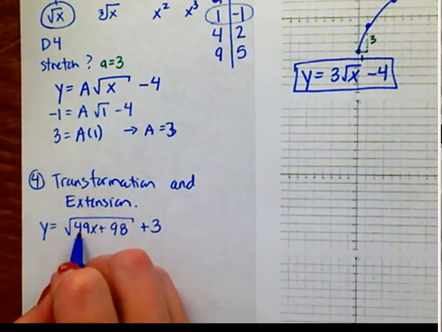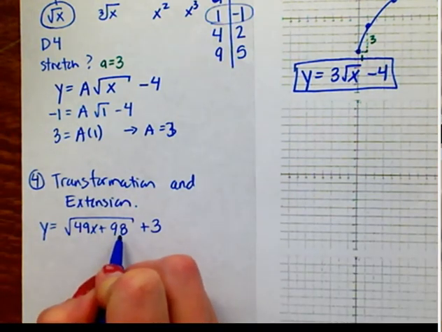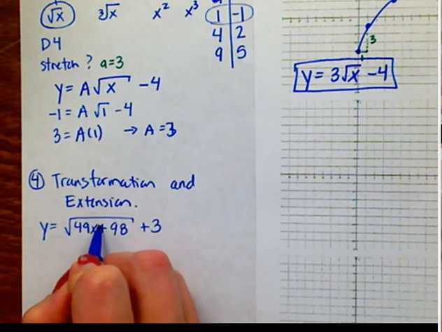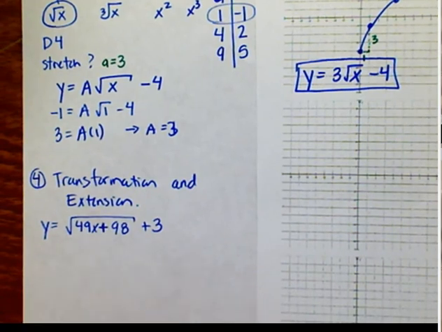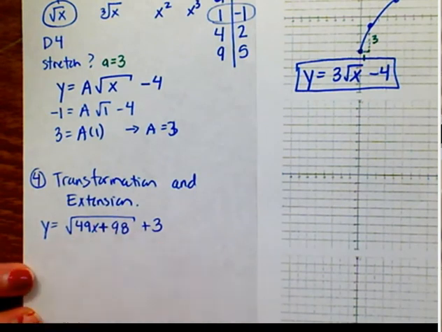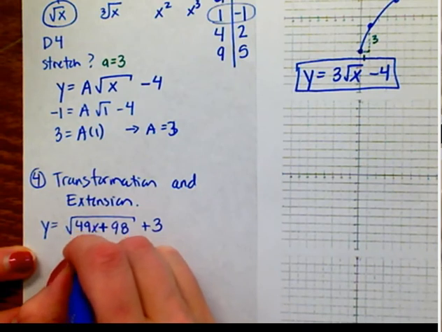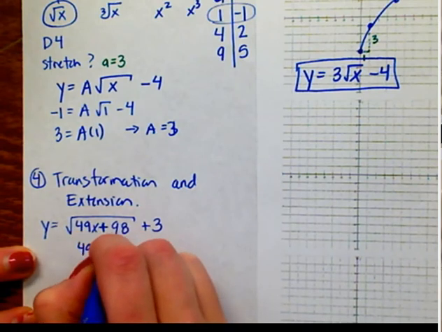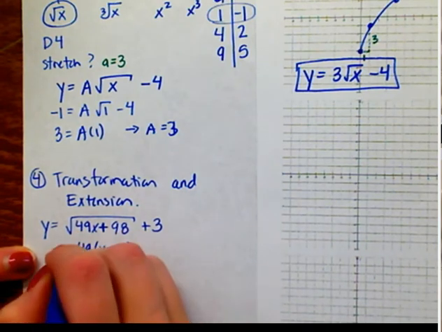Notice that 49 is a perfect square, but 98 isn't. Also notice that when you have an addition inside a radical, you can't simplify. The only thing that we have taken out of radicals are perfect square factors. And so I'm going to rewrite the inside of this radical in factored form.